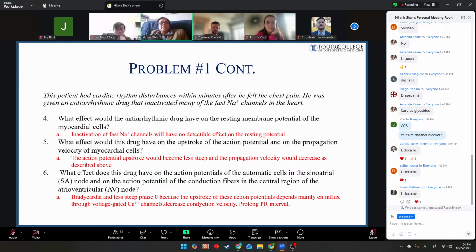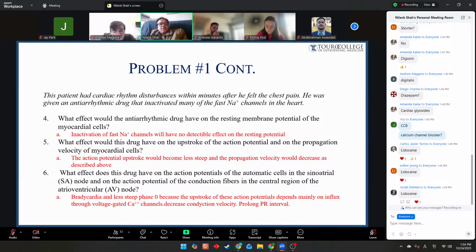Outstanding. So it will be less steep than what you have because of MI, as we discussed earlier. And the conduction velocity, or propagation velocity, to conduct the action potential from one side to another will be reduced. So that's the answer to question number 5.